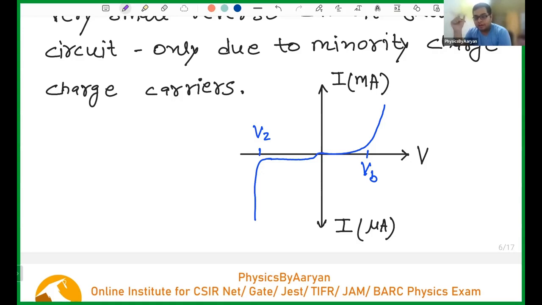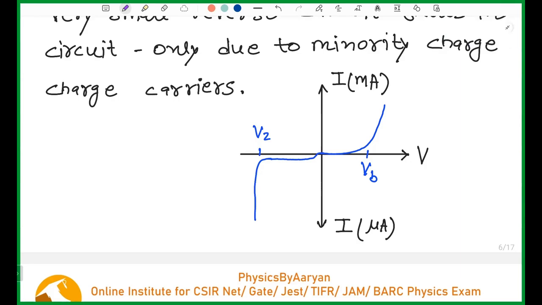You need a very high potential to change the drift velocity, and actually you will reach the Zener breakdown before your drift velocity changes. So drift velocity remains constant because the collisions also keep increasing as you increase the potential. The probability to collide also increases.